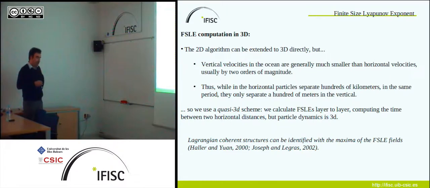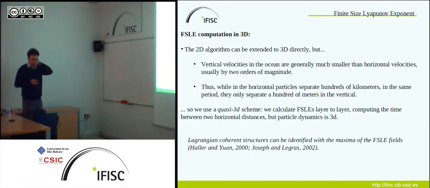Okay, so like I said, we want to go to 3D, and our 2D algorithm could be extended directly to 3 dimensions, and I will show you an example of that in a moment. But like I said, in the ocean, the vertical velocities are much smaller than the horizontal velocities.